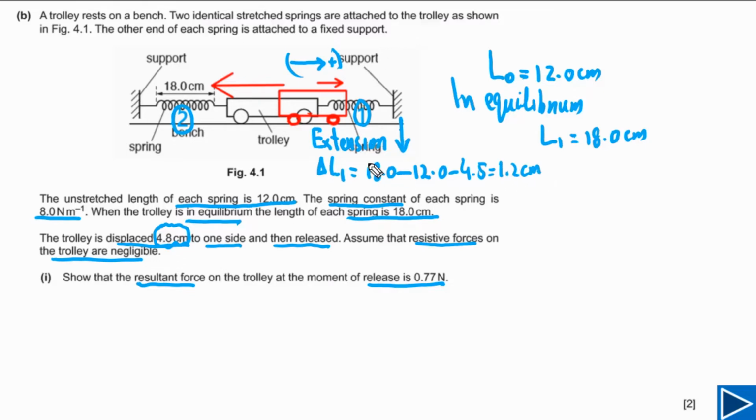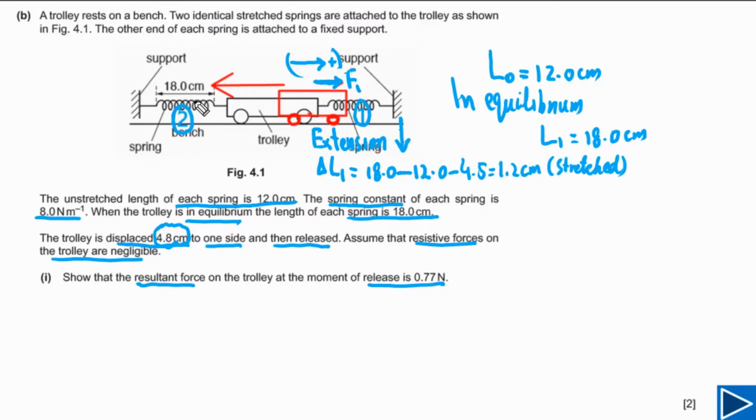So it is still stretched, it is the extension in spring 1. Spring 1 is still stretched, meaning it will be pulling the trolley to the right. So this is the force by spring 1, we can say this is F1.